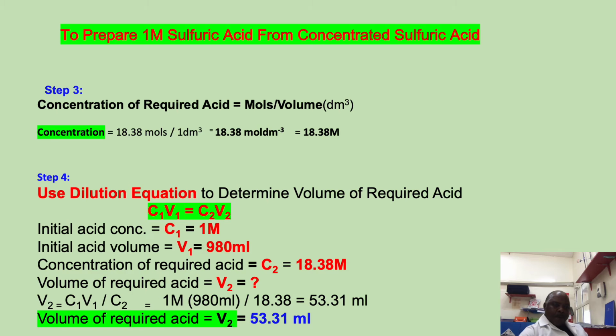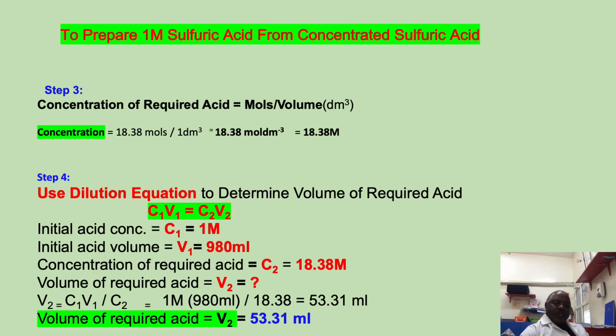Step number 4, we have to use all this information in our dilution equation to determine the volume of the required acid. In a dilution equation, which is C1 V1 equals C2 V2. Other editions may give M1 V1 equals M2 V2, but I've decided to use C in the place of M on this occasion.